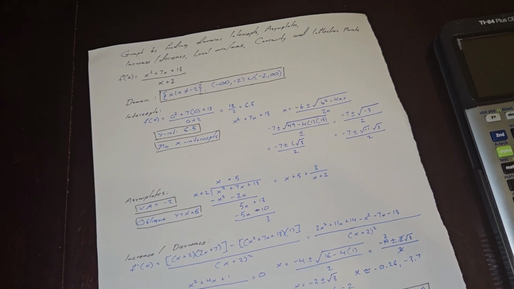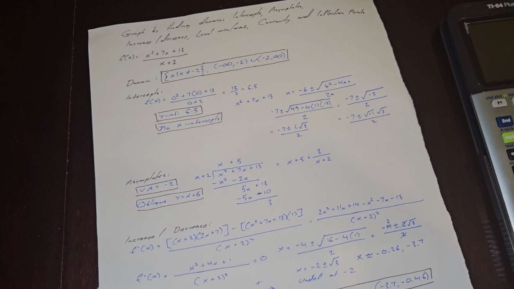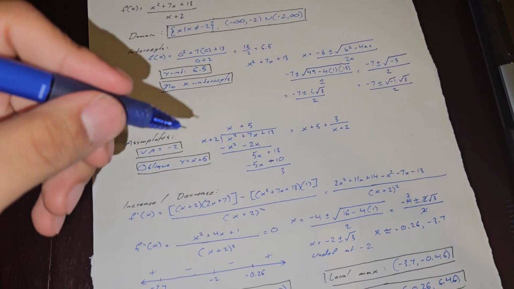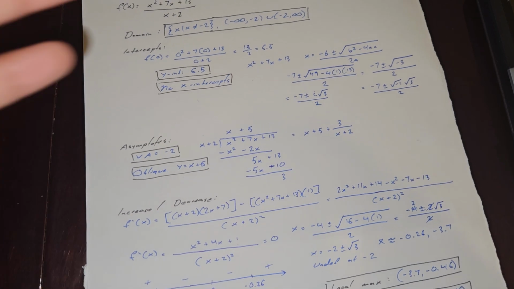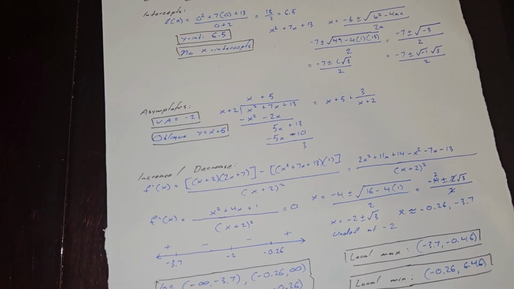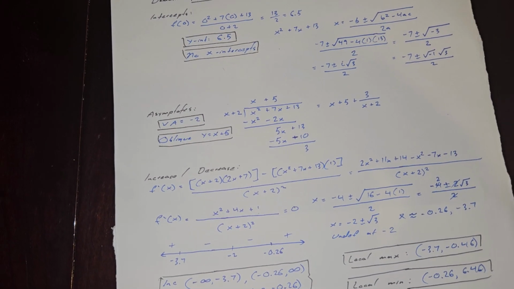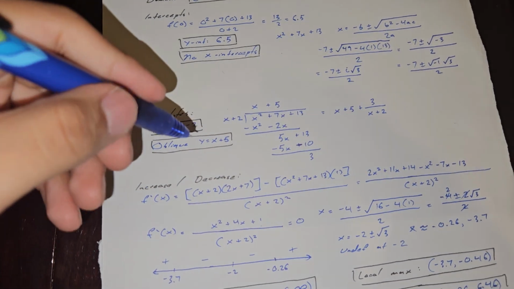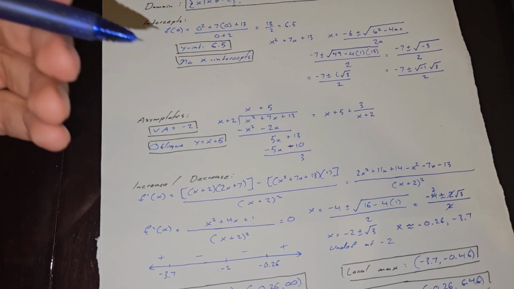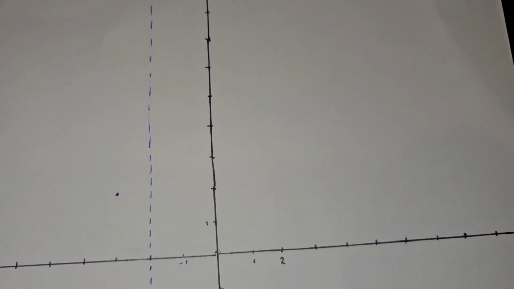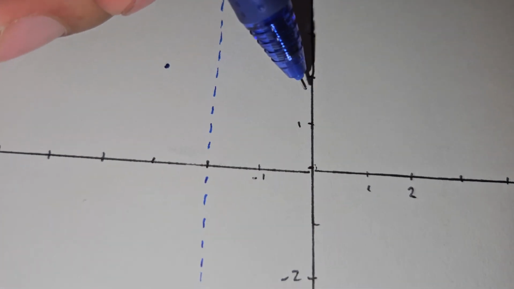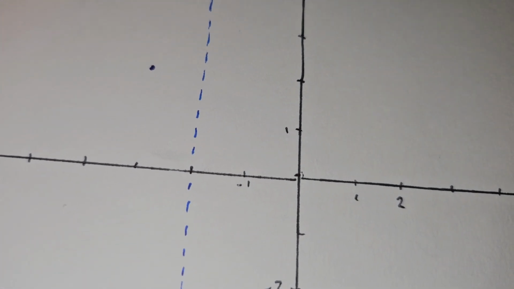Let's plot another point on this asymptote. Let's plug in 3. 3 plus 5, what is that? That's 8, right? 1, 2, 3, 4, 5, 6, 7, 8.